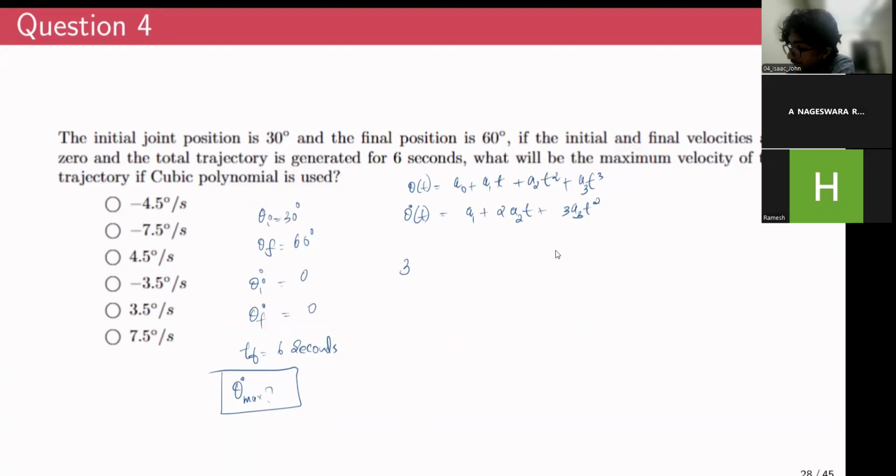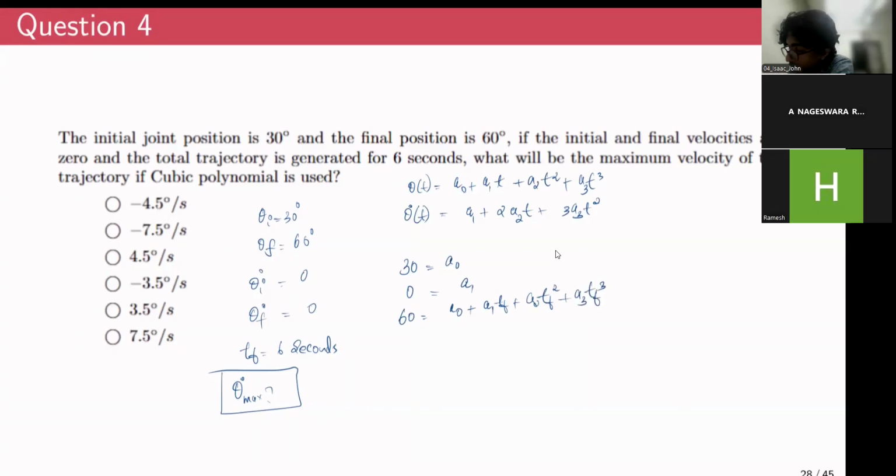So if I substitute these boundary conditions into these two generic expressions, for the initial time, you will get 30 would be, if I substitute t equal to 0, a0. And for the initial velocity, 0 would be a1. And for the final position, 60 would be a0 plus a1 tf plus a2 tf square plus a3 tf cube.